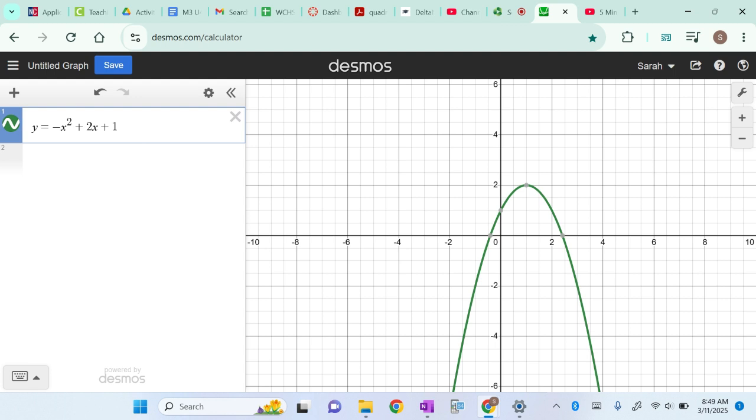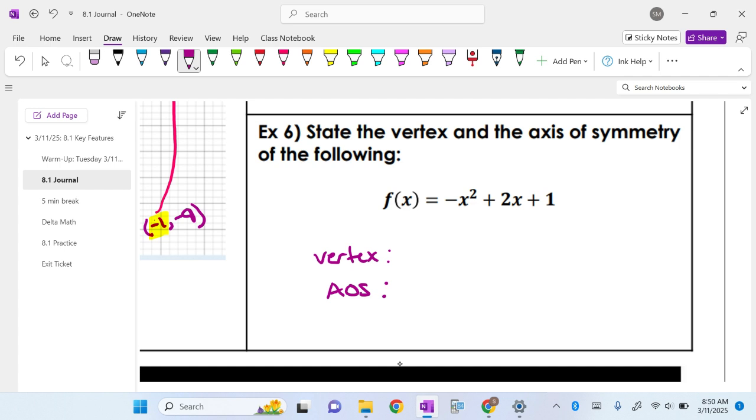All right, so let's go Kyrie. Would the vertex in this case be a maximum or a minimum? It's a maximum. And what was that vertex? It was 1, 2. Good. So your vertex was the point 1, 2, and it would have been the highest point on the graph, so it's a max. It looked like an upside down U. So let's go Caroline.